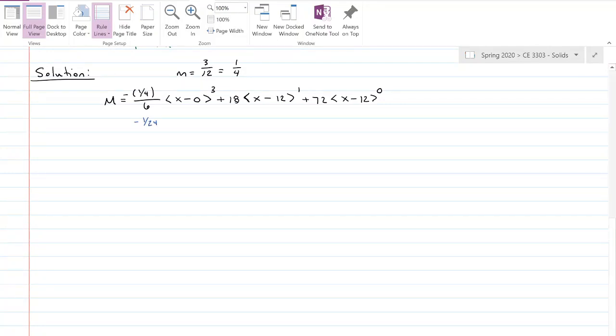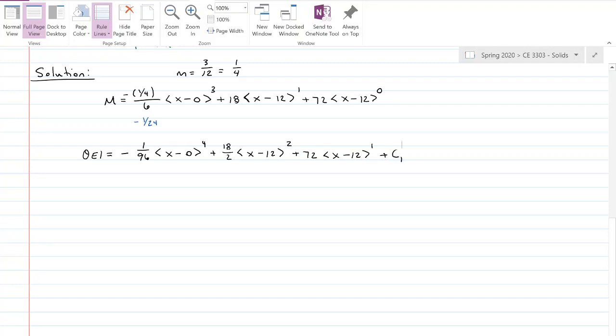So my slope equation, theta EI, is equal to negative 1 over 96 times x minus 0 to the fourth, plus 18 divided by 2 times x minus 12 squared, plus 72 times x minus 12 to the first, plus our constant of integration.